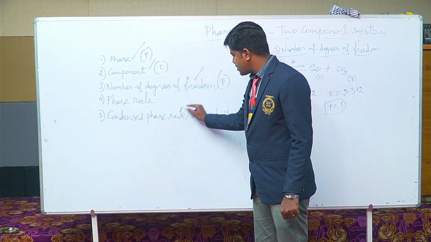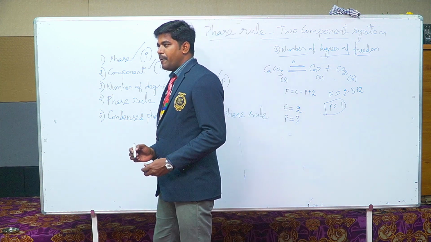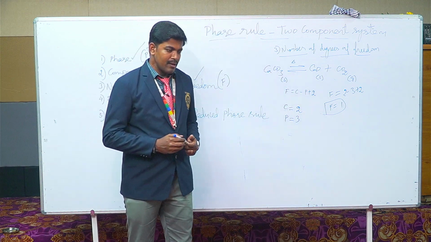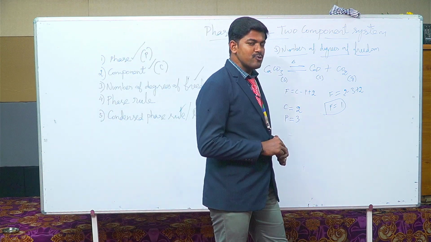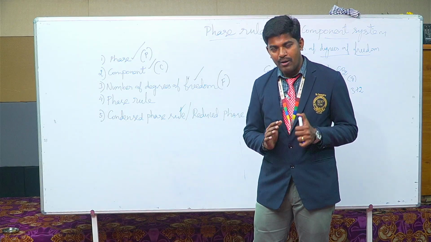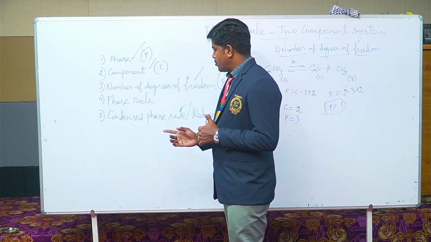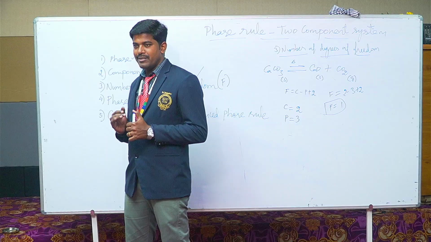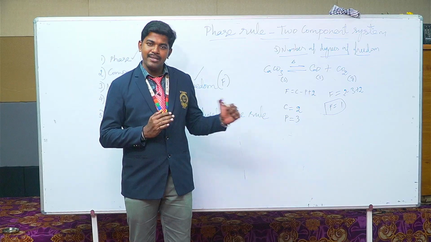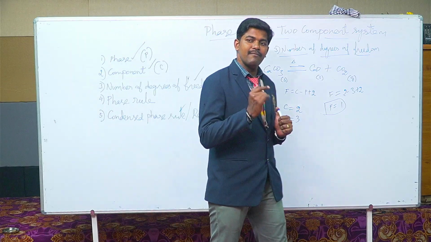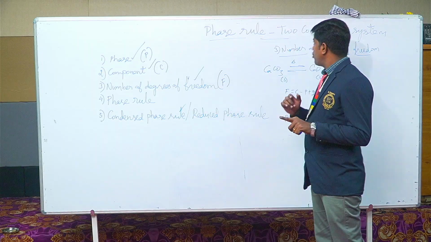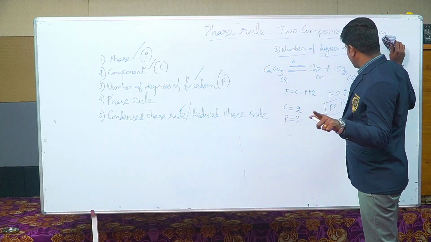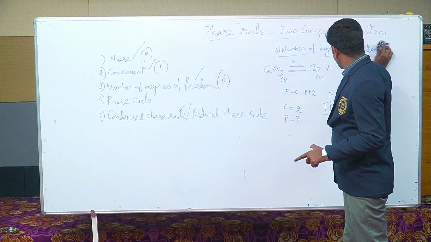So one remaining concept we have. The key thing is that the condensed phase rule, or the reduced phase rule, is applicable for metal alloy systems. What we have discussed so far is the general phase rule, which is applicable for a one component system. That will be discussed by Dr. Rajagopalan sir in a previous lecture.